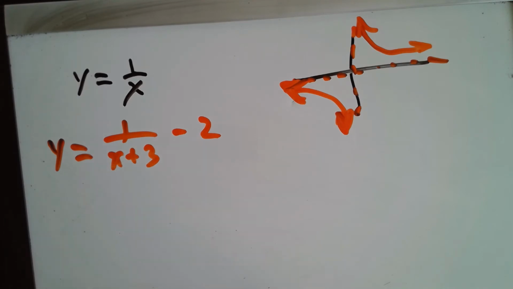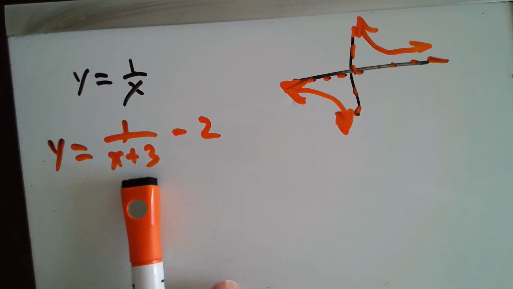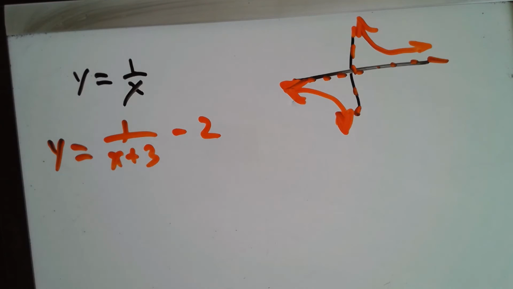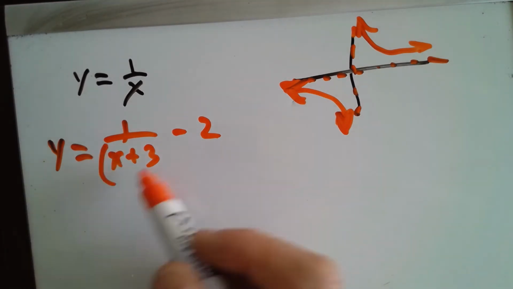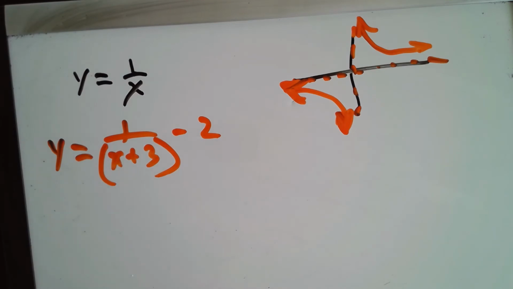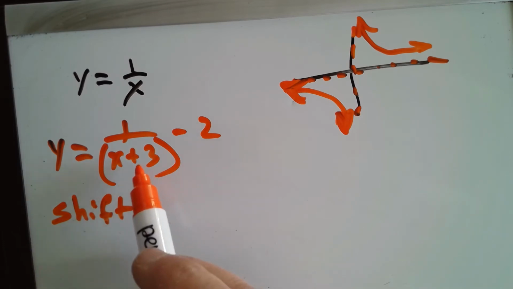So now we have to look at what this graph is doing. What shift is taking place? Let's look at the denominator first. Now this is like parentheses, right, in the denominator. So that makes it shift 3 spaces to the what? To the left.